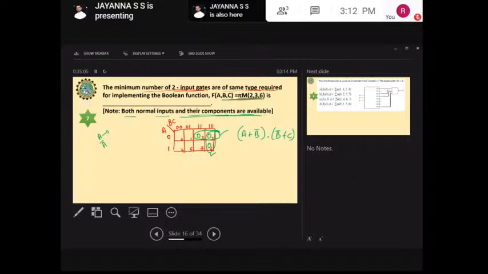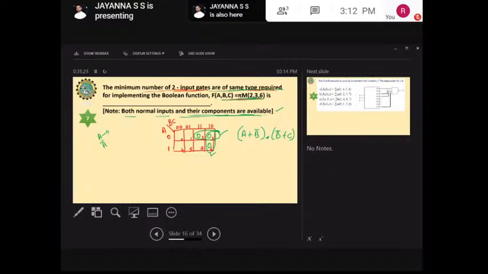Another thing they have given: here A plus B bar, here you need OR gate, and here you need AND gate. But they ask that the same type of two-input gates is required for implementing the Boolean function.